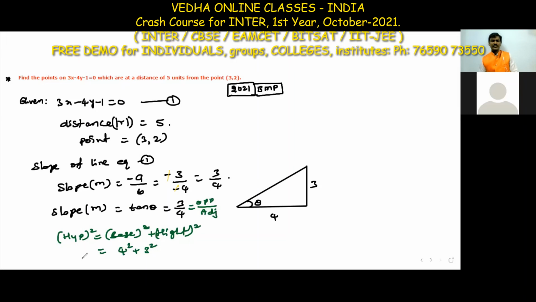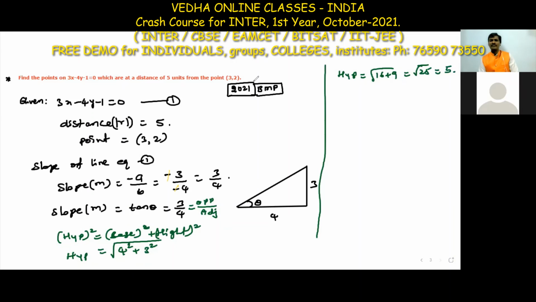So hypotenuse is the root of that. 4 square is 16, 3 square is 9, and 16 plus 9 is root 25. Root 25 is 5.